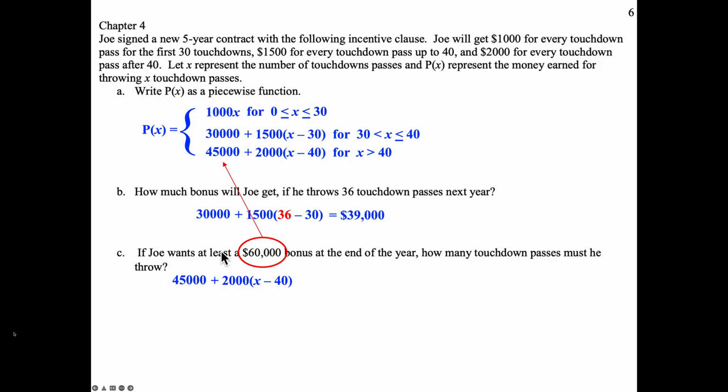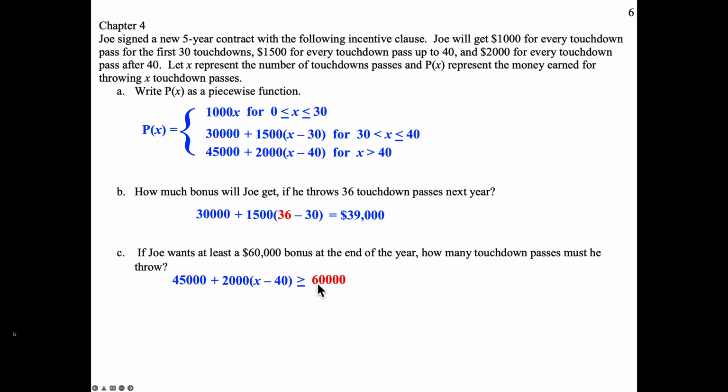And now if I want at least 60, that means this has to be greater than or equal to 60,000, not less than. Even though it says least, that's not less. Nothing smaller than 60,000. I can have 61, 62, 63, 70, 80, 90. So it's got to be greater than or equal to 60,000.